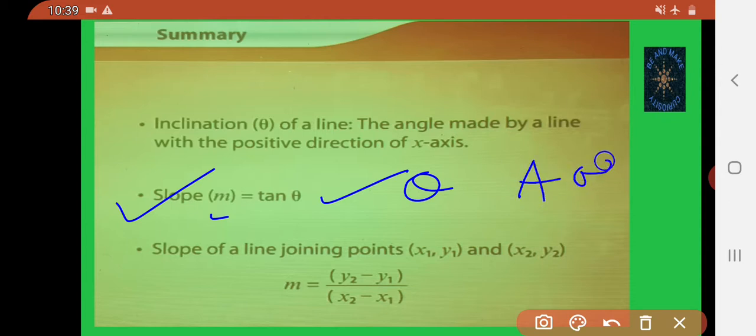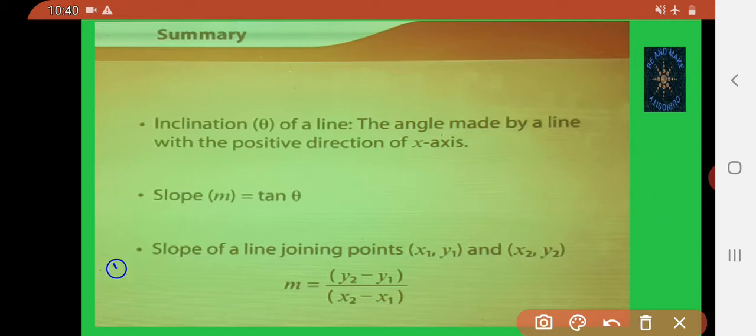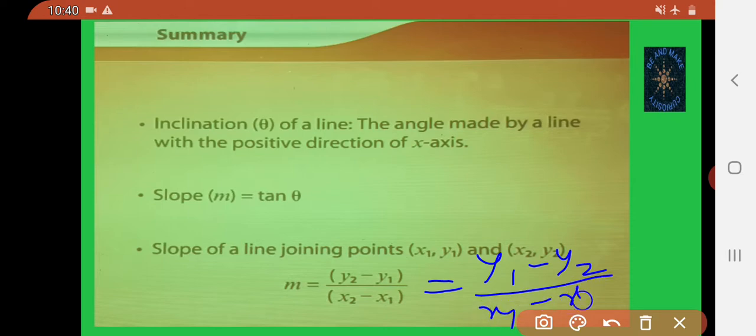Now the slope of a line joining 2 points is equal to y2 minus y1 by x2 minus x1, and you may also write it as y1 minus y2 by x1 minus x2.